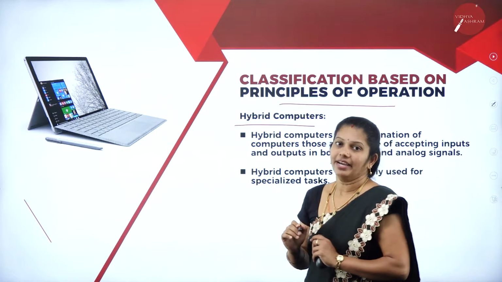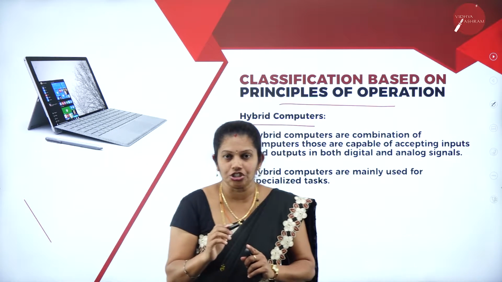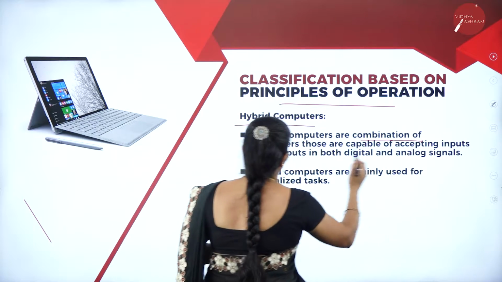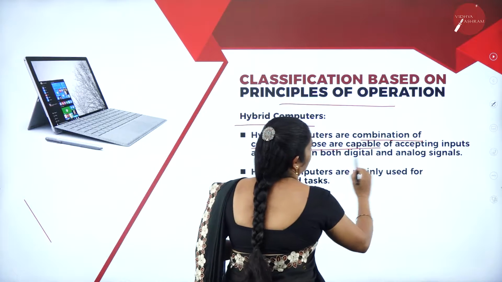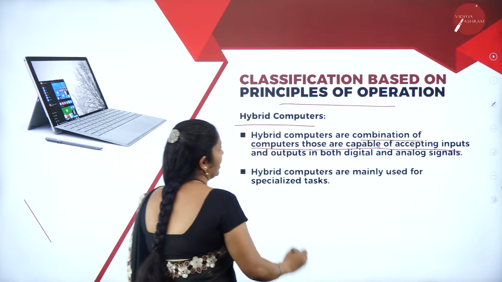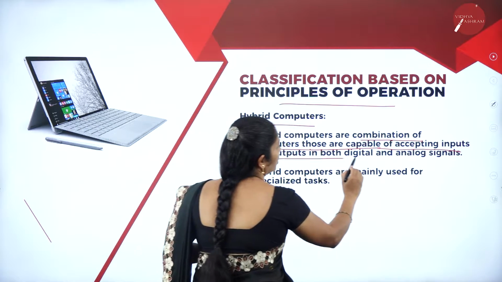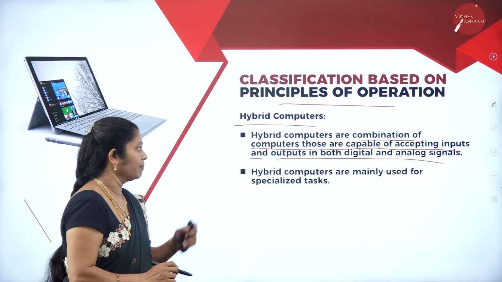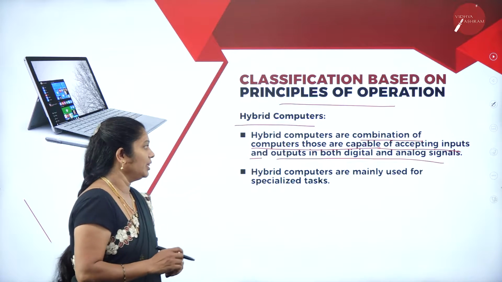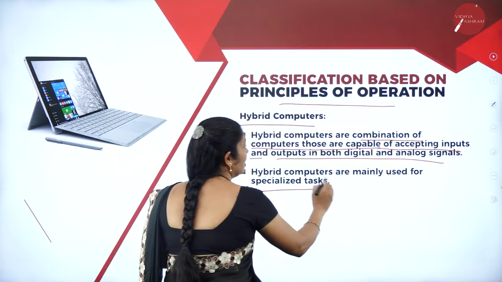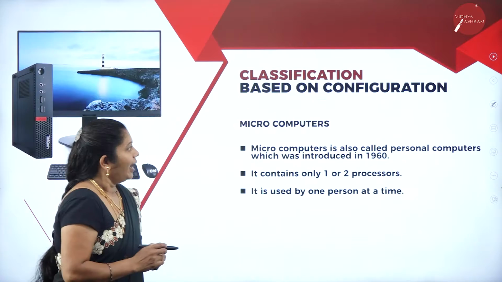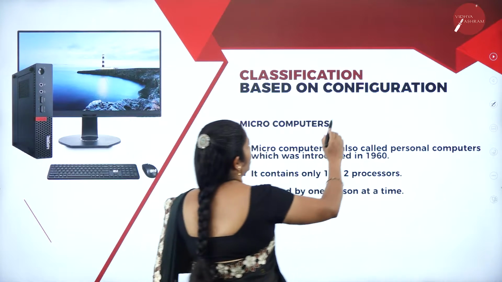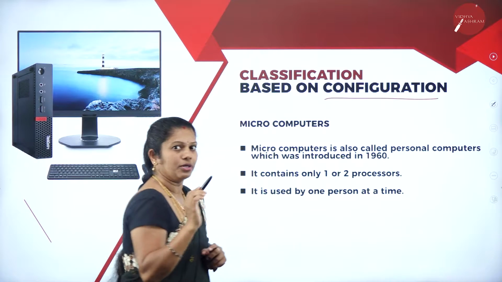It is a combination of computers that are capable of accepting input data and output in both digital and analog signal format. Hybrid computers are mainly used for specialized tasks. And when you come on the classification of computer based on configuration, it is a very important question.